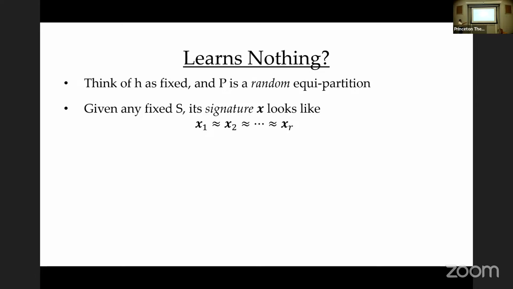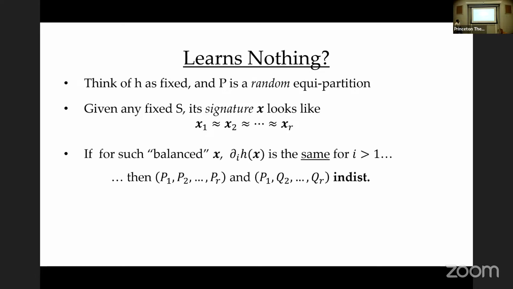If you make polynomially many queries, this is all you're going to query. And so what I would want is that for any such balanced x, my H should have the property that its marginal, how much you increase by, is the same for every i except maybe the first part, because I'm willing to give you something about the first part.